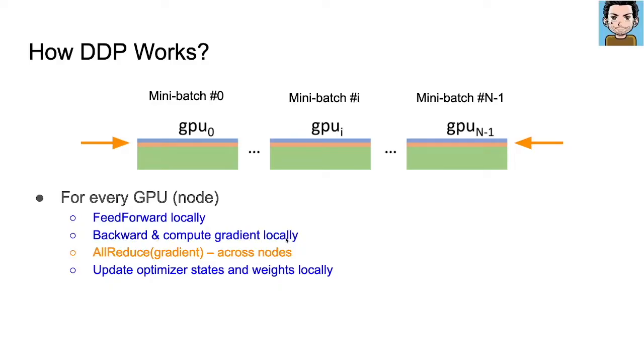At this point, every GPU has its own local gradient. So we will call AllReduce to aggregate the gradients from all these GPUs. This will make sure that all GPUs have the same global gradient. Now, once we have this, we can update the optimizer state and the weights locally.